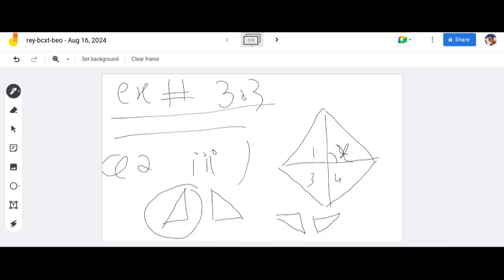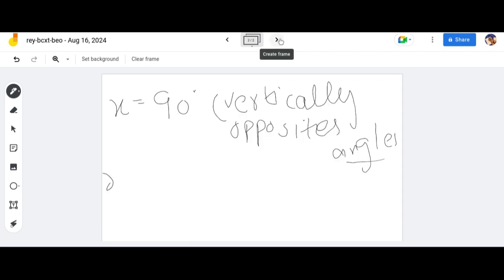So how many angles do we have here? x, y and z. These are the whole angles. First we have to complete this expression. The sum of angles of a triangle is equal to 180.